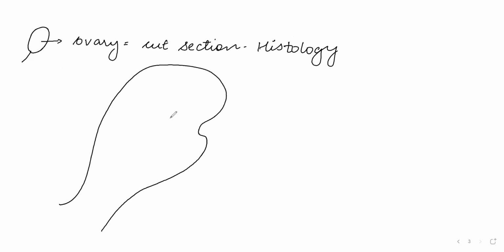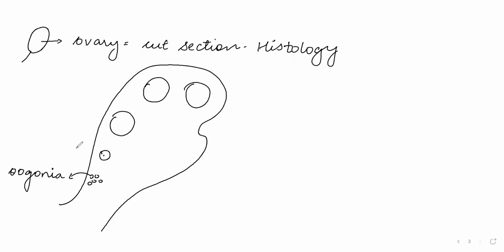In the cut section of the ovary, what we will find is here there are tiny cells. One of the cells will grow further and develop, and slowly and steadily this keeps on growing. Let us say these cells are called oogonia. One of the cells will develop further to form a group of cells called the primary follicle.